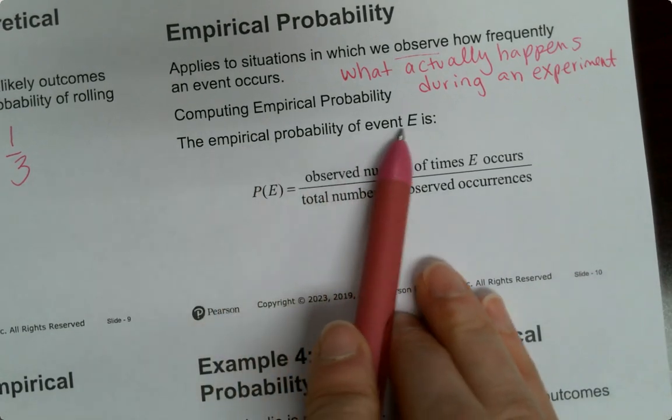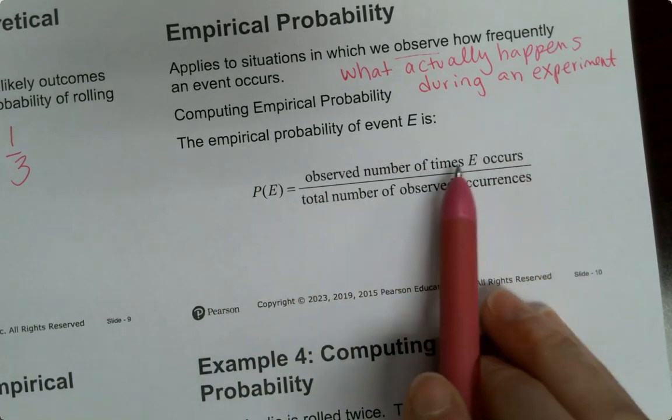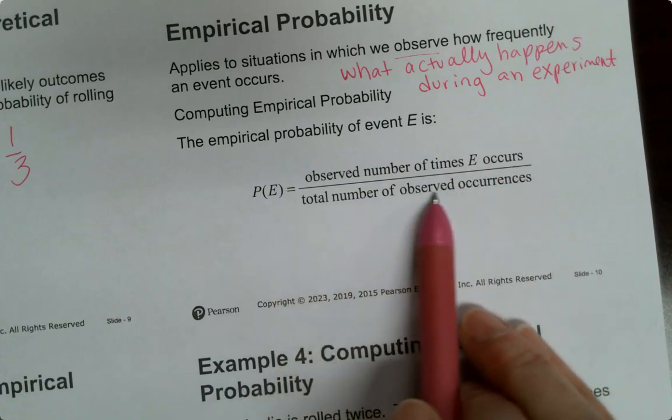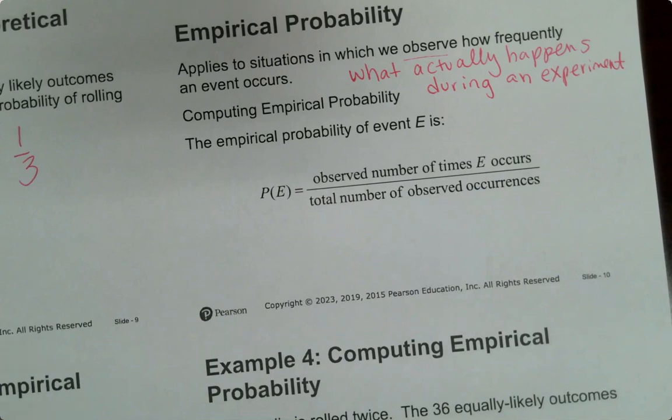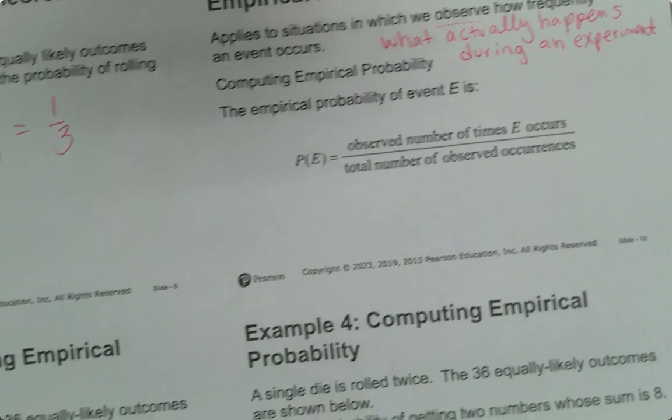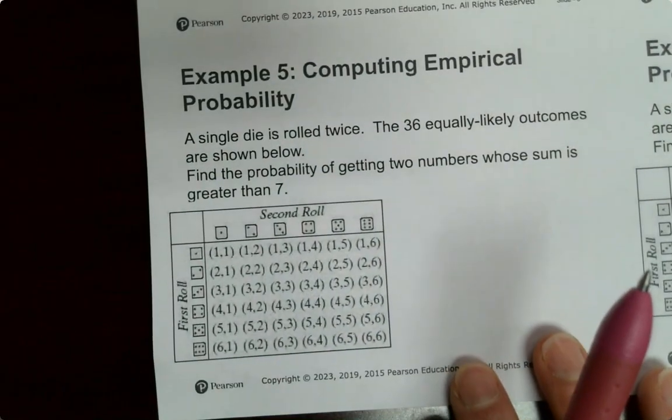The empirical probability of an event is the observed number of times E occurs over the total number of observed outcomes. So you look at your sample space. In this case, your sample space would be what actually occurred.